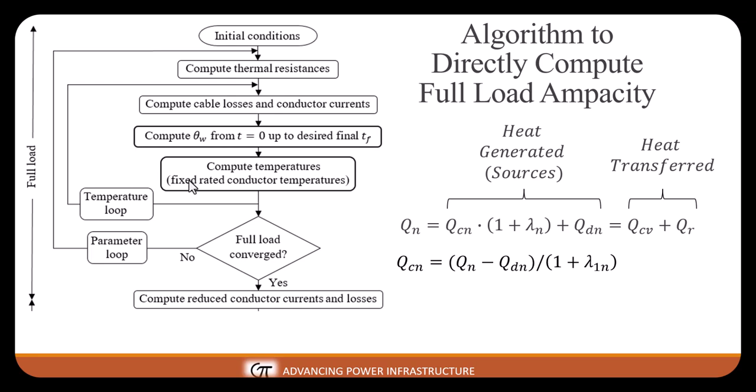Then compute the temperature of the cable layers. Remember, the conductor temperature is fixed at the temperature limit always. If the system is converged, then we have the solution for ampacity, including transient and steady state. If we desire to compute the varied load or the load transfer, proceed to the next stage of the algorithm.